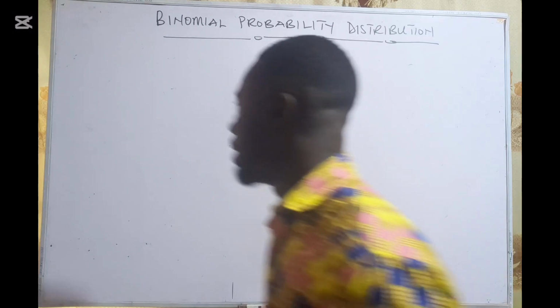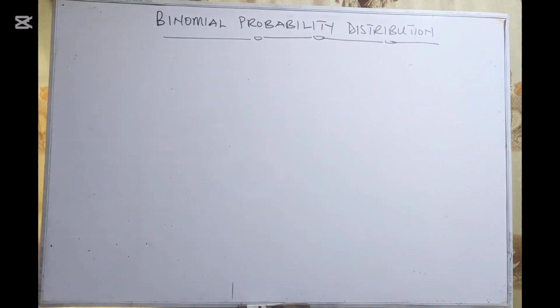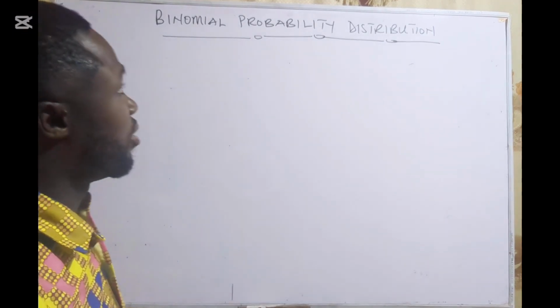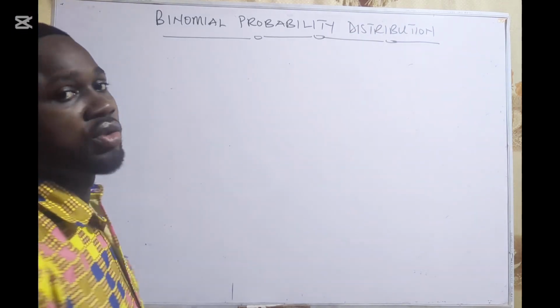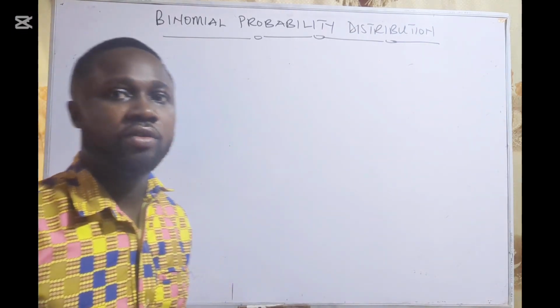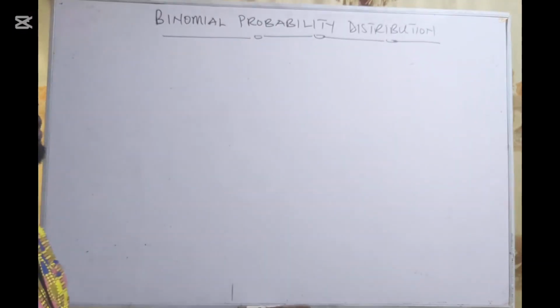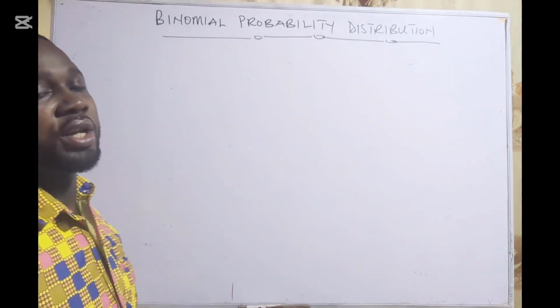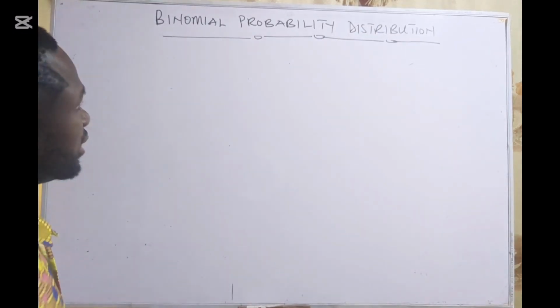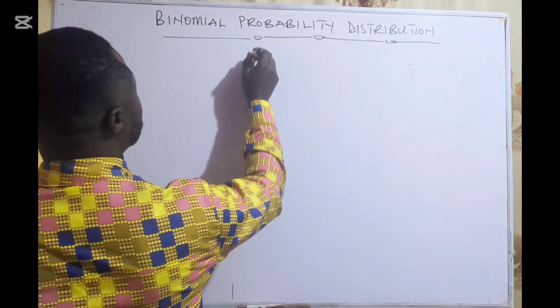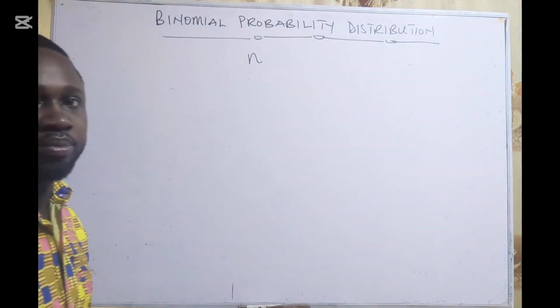All right, and when do we apply the binomial probability distribution in solving probability questions? Let's say for instance, we have an experiment with a number of trials. Let's say my number of trials is n.